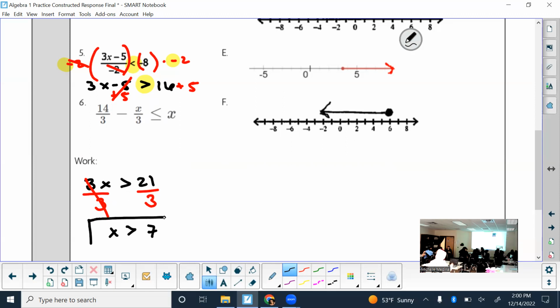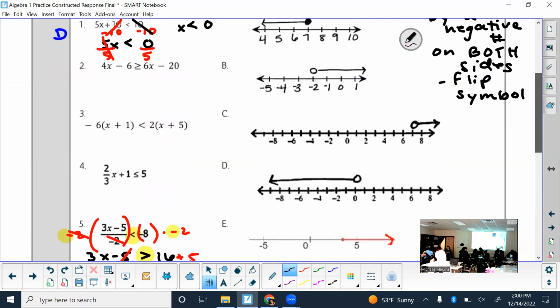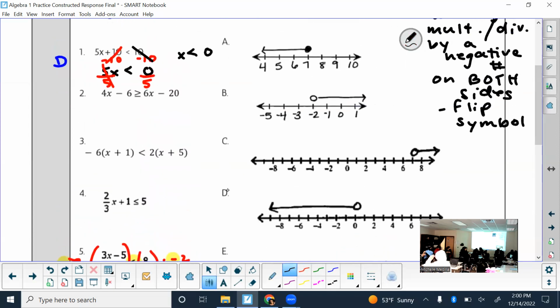All right, so now that it's isolated, I can match it, and look, it doesn't have a line underneath. So really I'm choosing between B and C because D is already taken. So which one is it? It's C. And why is it C?